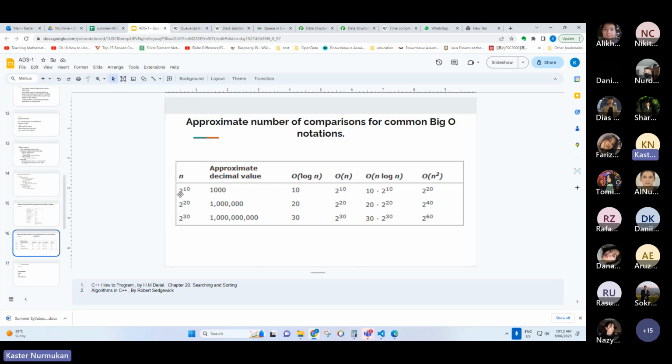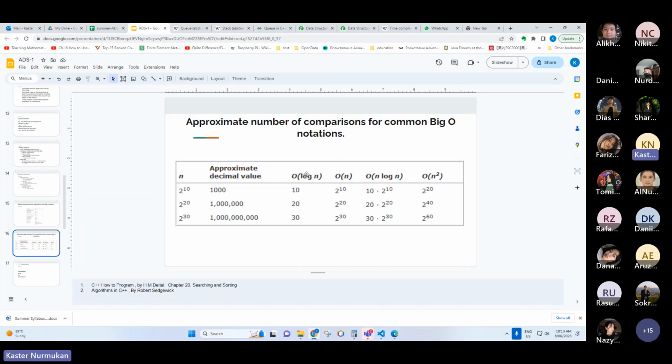If I represent it in binary architecture, usually we use 2 to the power of something, right? 2 to the power of 10 is 1,000. So that's another way to represent 1,000 elements.